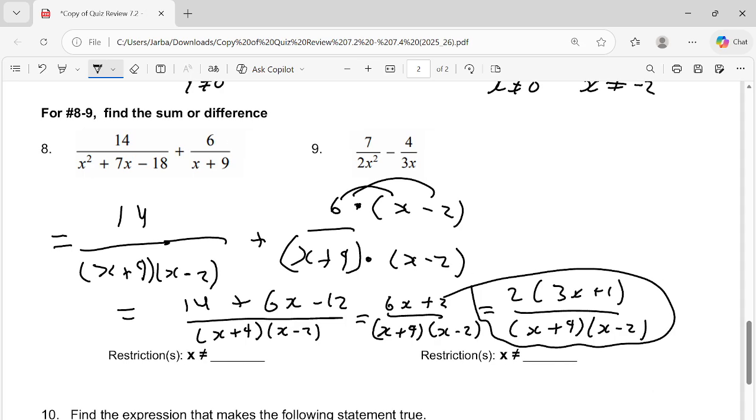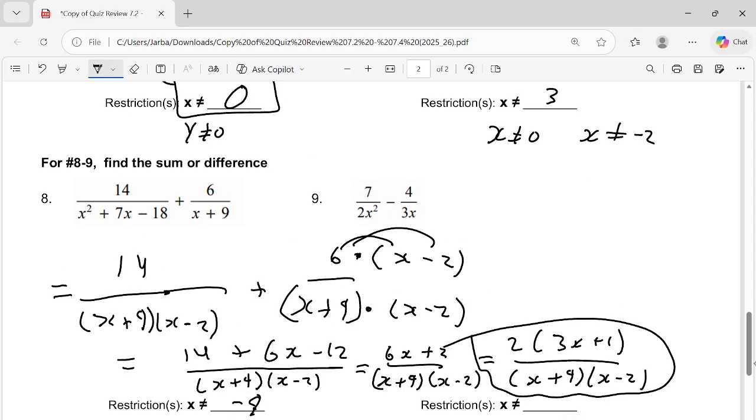You could expand this out, or you could leave it like that. Those are both correct. Our restrictions will be that x can't be 9, -9, and x cannot be 2, because that's the opposite of those numbers in there.